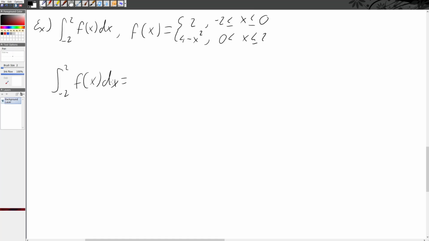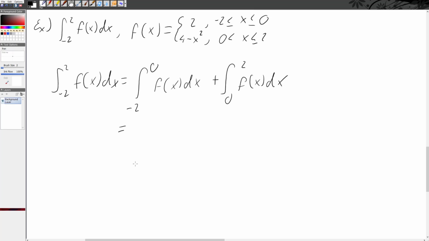Well, we can split this integral up according to the restriction given on x. Meaning we can split this up into the integral from -2 to 0 of f of x dx, plus the integral from 0 to 2 of f of x dx.